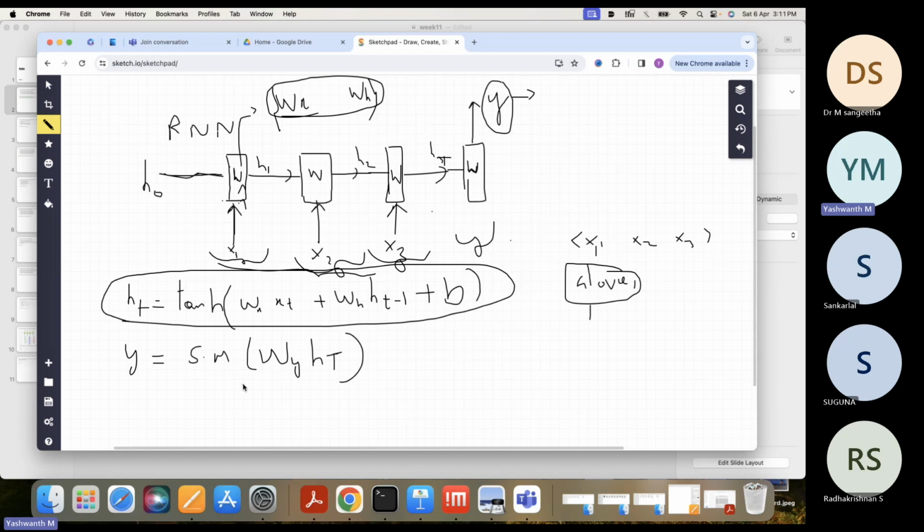So finally you do a softmax on this final hidden state. You take a linear combination, probably a bias as well, but I'm ignoring it. You take softmax and do cross entropy loss with the ground truth. This is y hat. Let's say the ground truth review is y, and you just do cross entropy loss of y hat and y.